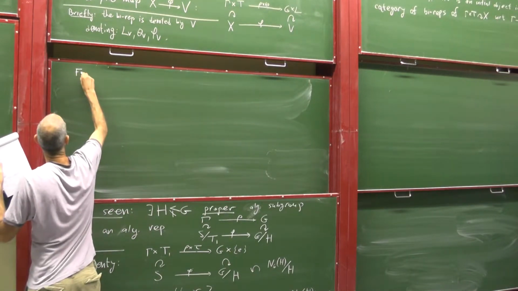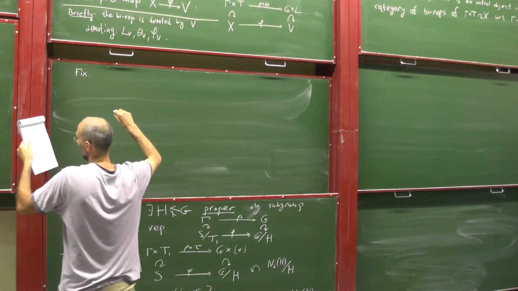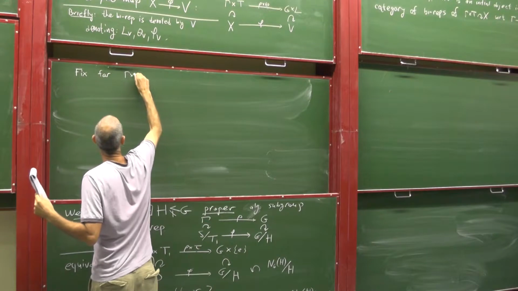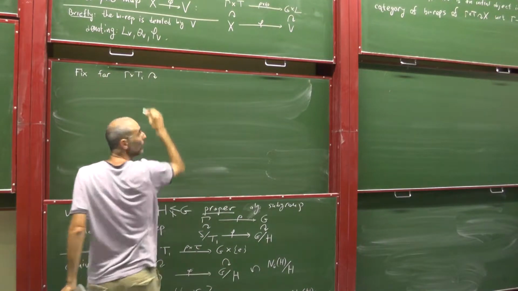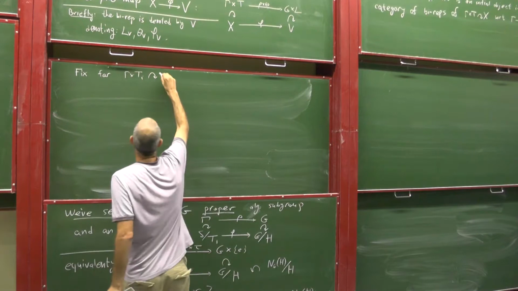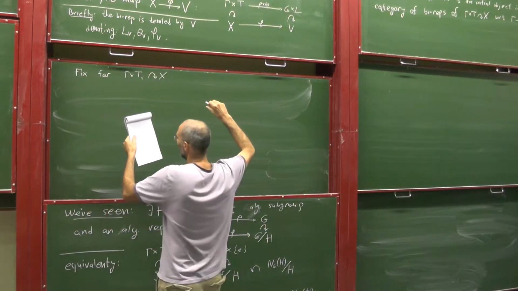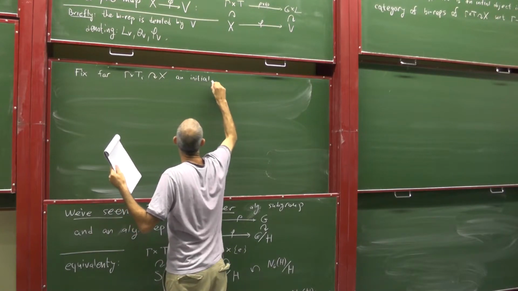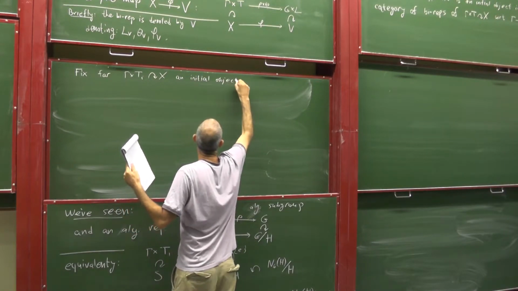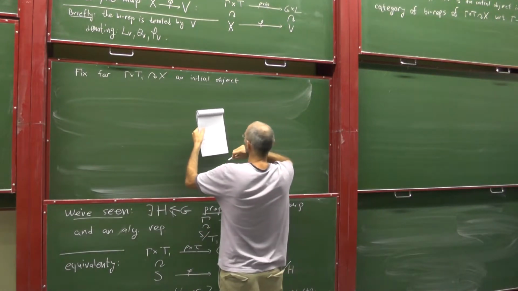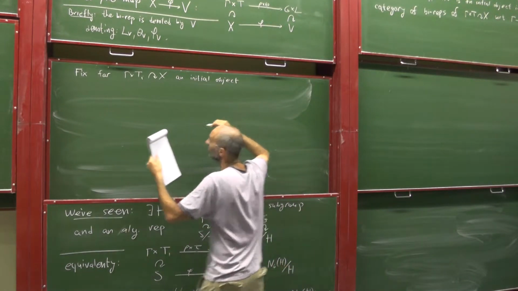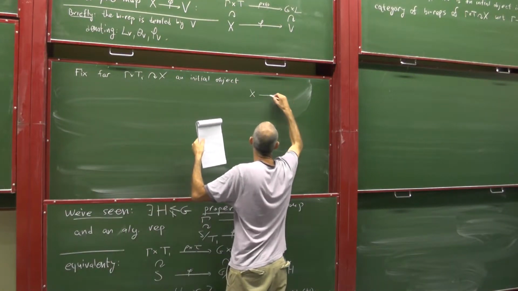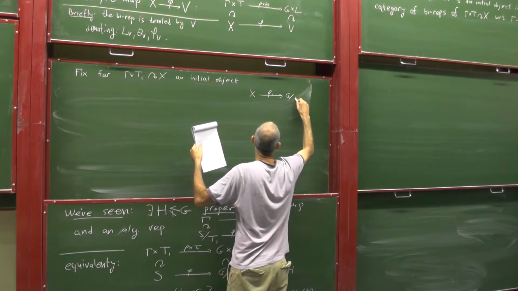So fix, for the gamma times Ti, now I'm writing something that I will do for any i, 1 to 6, an initial object, and it will be X, it will be Pi to G mod Hi.